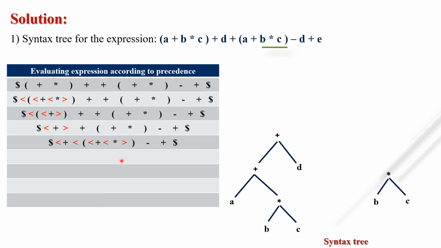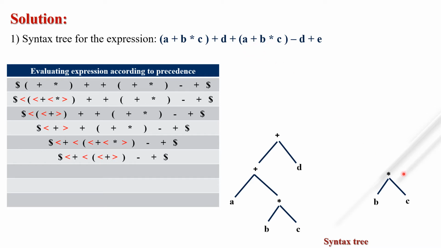Now what is our next handle? Next handle is this plus. Okay, you can check with the operator precedence table. Okay, this opening bracket and plus, the precedence of plus is higher, and on the right hand side the closing bracket, the precedence of this plus symbol is higher. Okay, so this plus indicates a plus b into c.